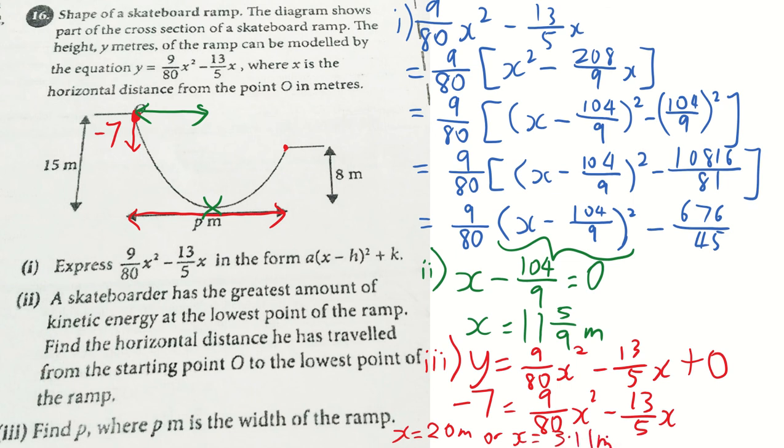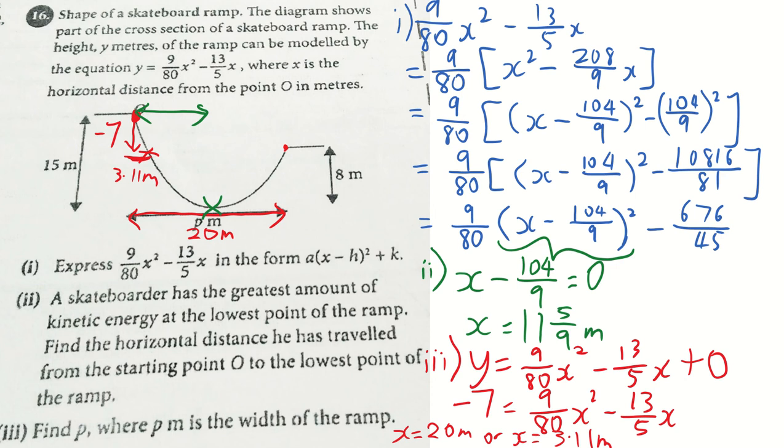If we look at the two possible values, the first value is 3.11 meters, while the next value is 20 meters. Therefore, the preferred answer is actually the 20 meters, because that is the distance that is given to us.